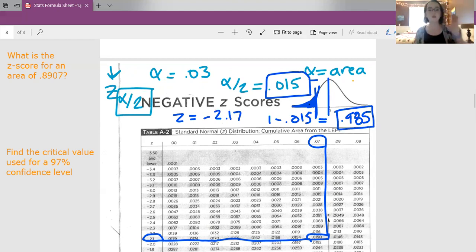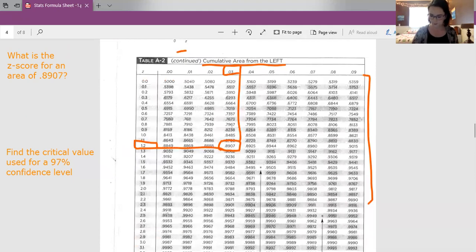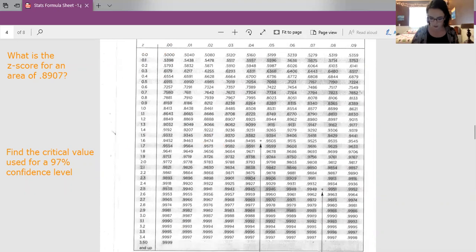Now take notice of this. This area is greater than 0.5, so we know it's going to be positive, which is exactly what we want. So let's go down to the positive table, and we're going to look for 0.985. Okay, 0.985. There's a 0.983, 0.986.